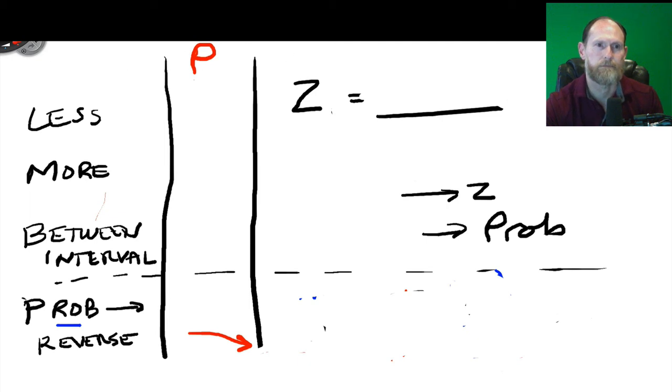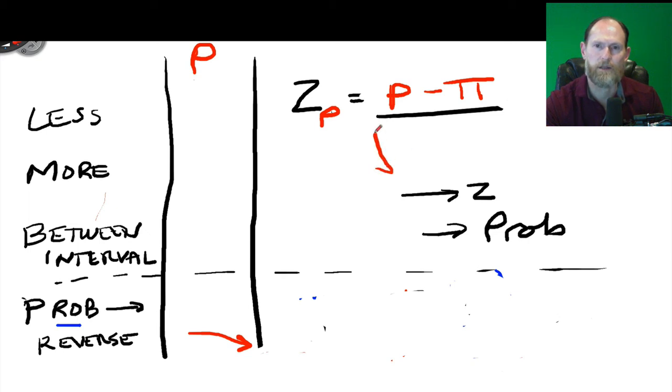Okay. So to start out, for the z-score of P, we're going to lead with P. That's the sample proportion. And then we're going to put in the population proportion.